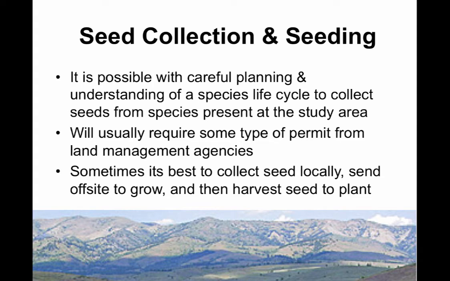When you do that, you can directly collect it if you're in the right timing, or if you're dealing with large areas that you might be restoring and you know that you have a multi-year project, it might be early on as part of your restoration plan, going out and collecting seed and putting that off-site to grow, and then harvesting seed over and over again from those individual plants from a nursery or some sort of greenhouse. That will give you a steady source of seed that's appropriate for the site you're trying to restore.